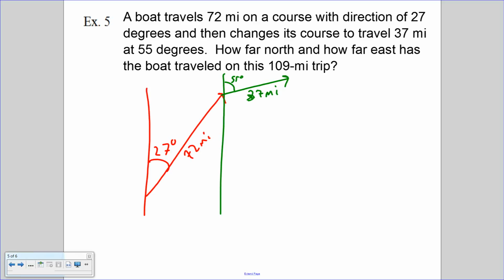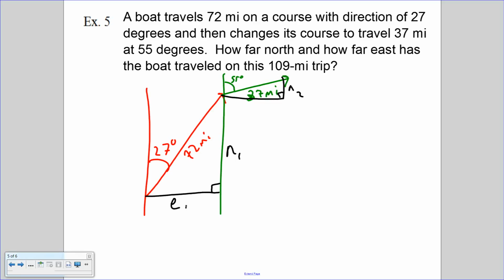You're thinking vertical and horizontal here. And so what you really have to do in this problem is draw in right triangles so you can calculate that distance. And I want to mark each of the components that I want to find. North, north sub 1, north sub 2.